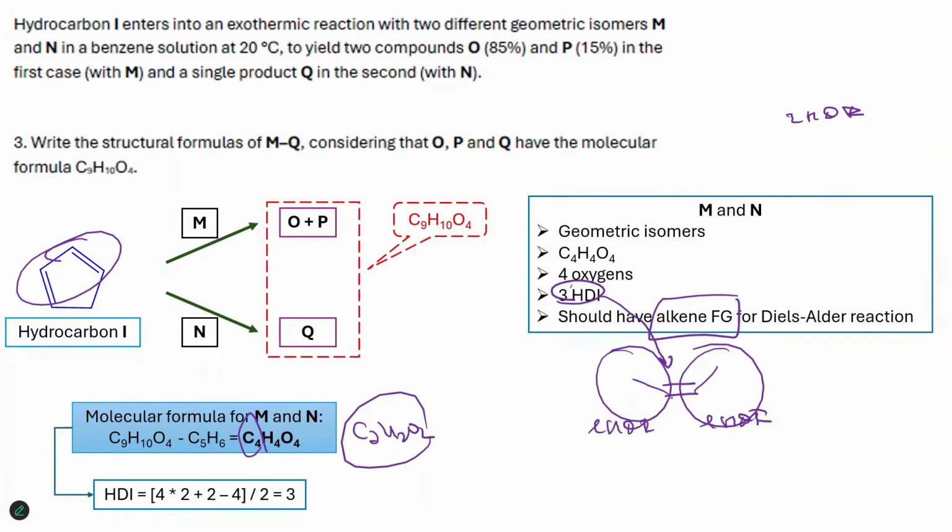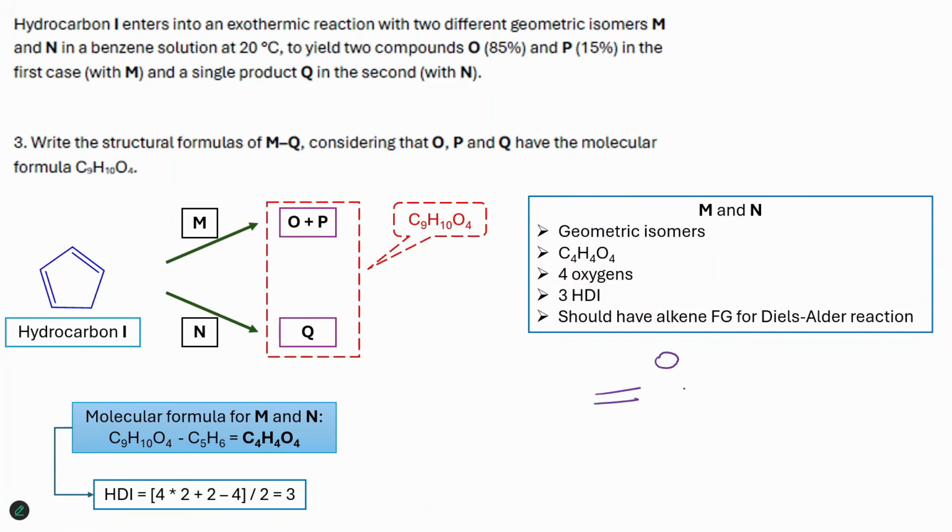I already have the double bond in between, so this is already 1 HDI. So I need 1 HDI on each side. I also have 4 oxygens, so 2 oxygens should be here. And can I have a ring here? I have just 2 carbons here and 2 hydrogens here. I hope it makes sense.